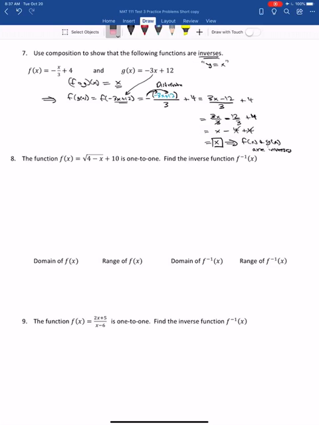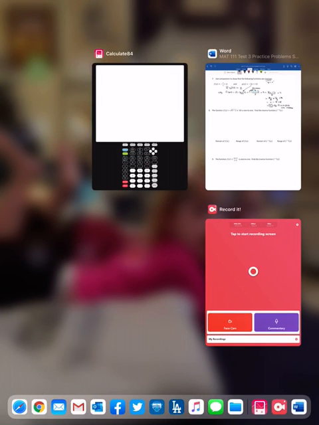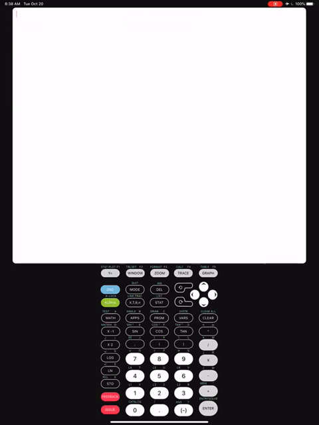I'll show what I mean by that. So I'm going to bring up my calculator. I'm going to go to y equal, and I'm going to store in negative x divided by 3 plus 4. I'm going to put that here in y1. And I'm going to graph g of x in y2, which was negative 3x plus 12. So those are the two functions that we were given to see if they were inverses.